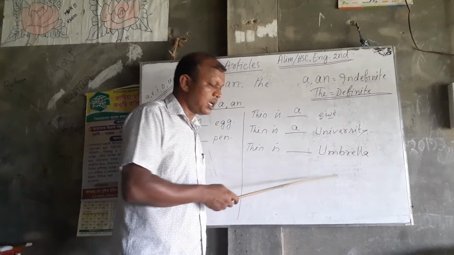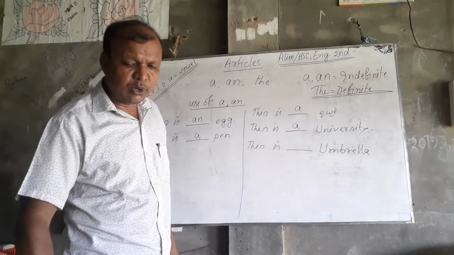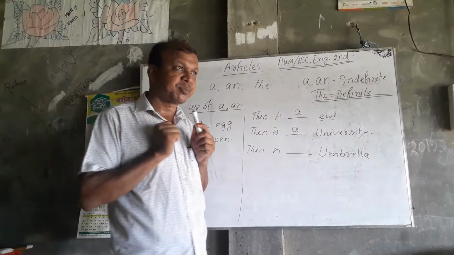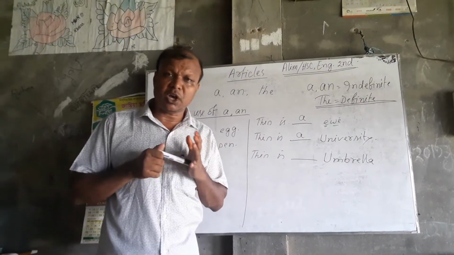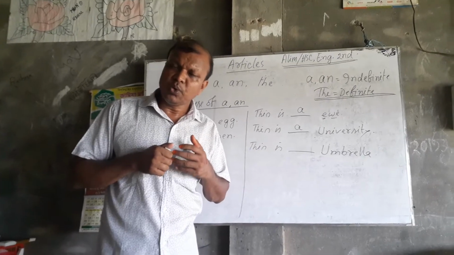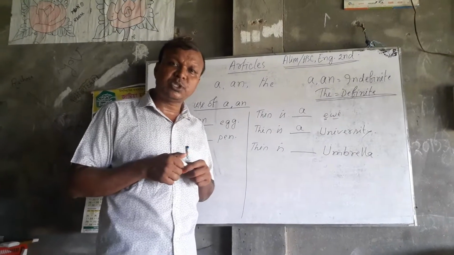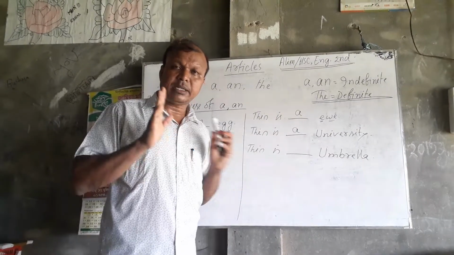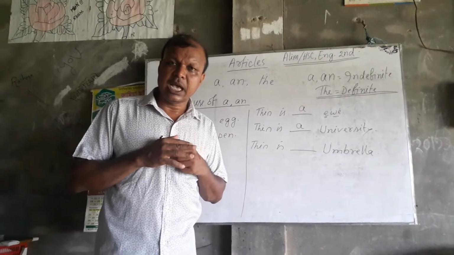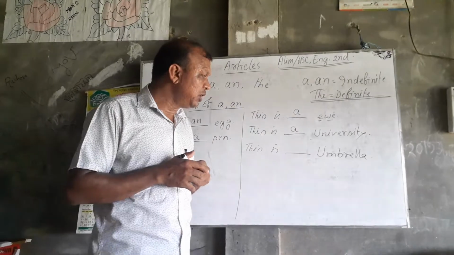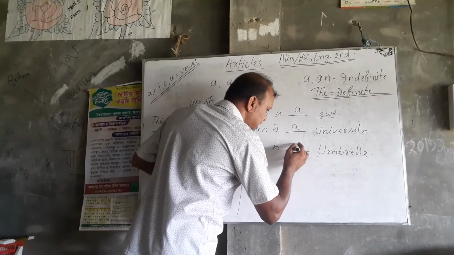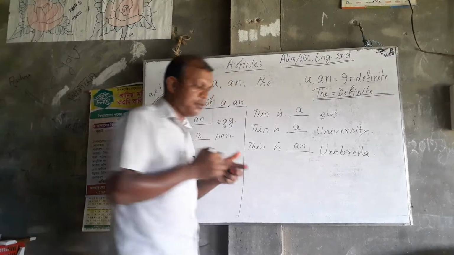University, umbrella. You can follow a short technique. If the pronunciation of U is "you", then you will put A in the gap. But if the pronunciation is "uh", then you will put An in the gap.